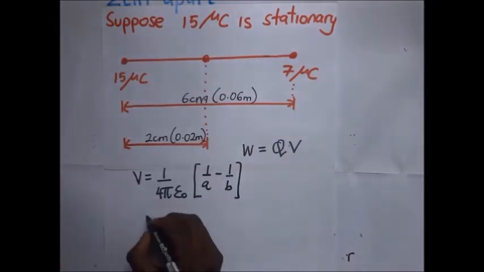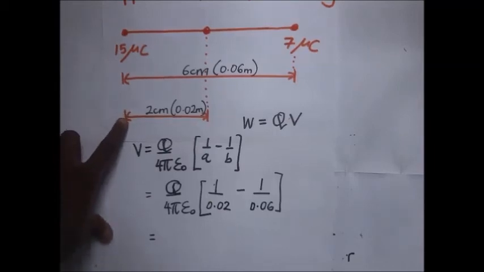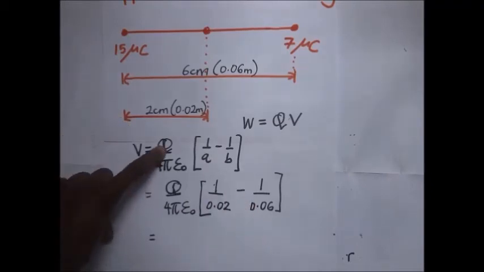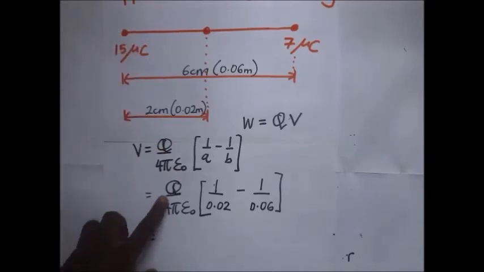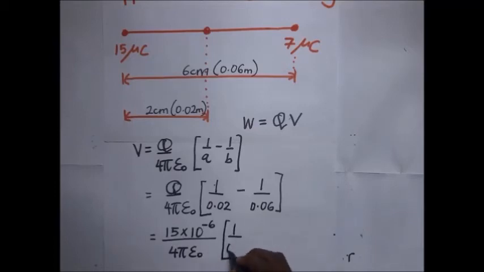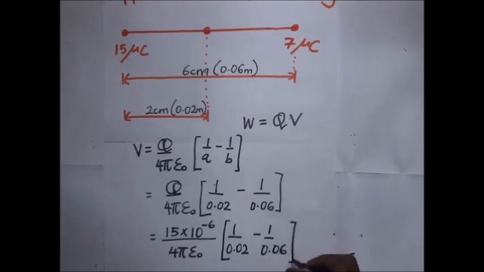So we simply substitute. If this is the stationary one, it means that V is Q over 4 pi epsilon naught into 1 over A minus 1 over B. What is our value of Q in this case? Our value of Q is the stationary charge, which is 15 microcoulombs. So it's going to be 15 times 10 to the power negative 6 over 4 pi epsilon naught into 1 over 0.02 minus 1 over 0.06.